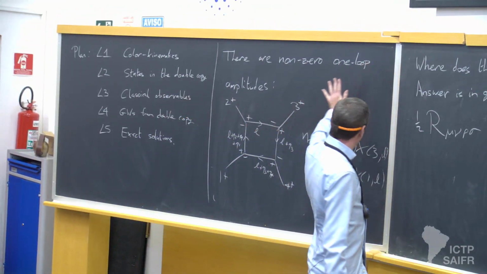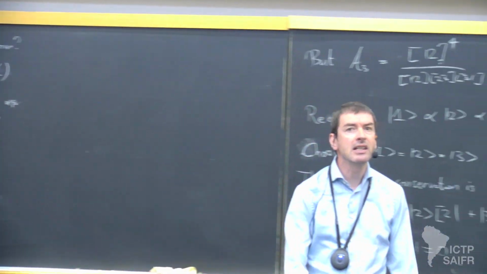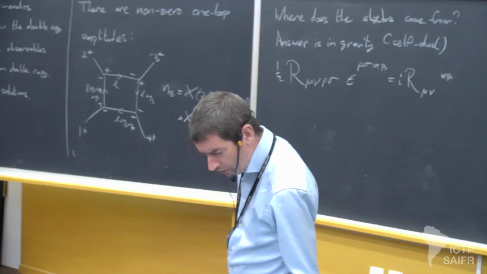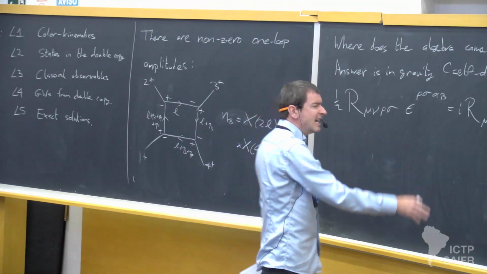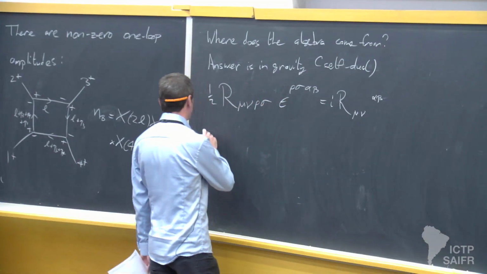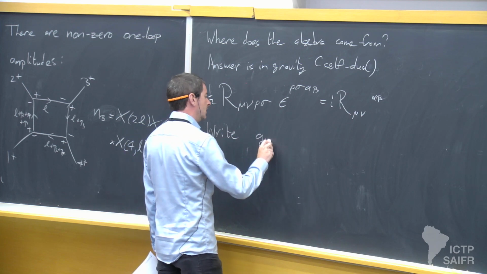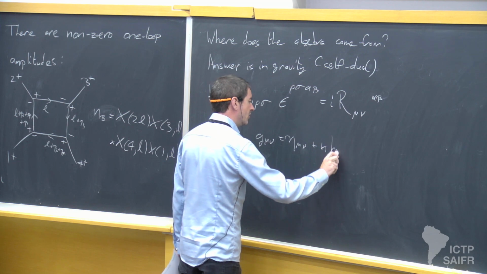Now, if you run through a procedure similar to the one I just outlined, it's more involved in gravity, and honestly, we typed it into a computer. You find that a very similar story holds. You choose a gauge, so we write basically the metric as eta mu nu plus kappa h mu nu.